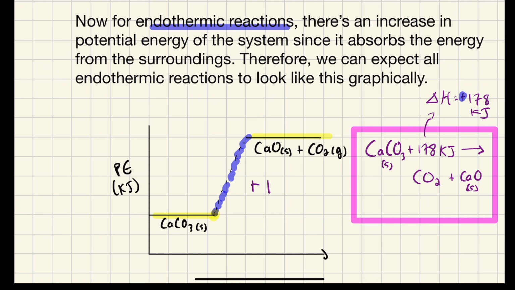So it's plus 178 kilojoules. And so that space over here would represent the enthalpy change of plus 178 kilojoules. And so unlike the exothermic reactions, the endothermic reaction graphs should always be going upwards.